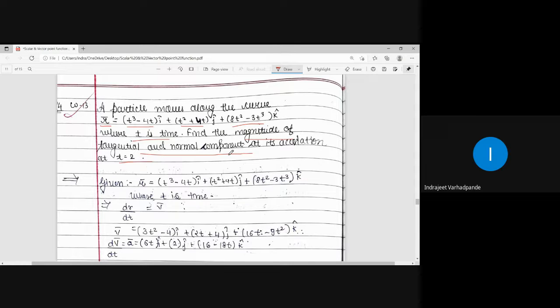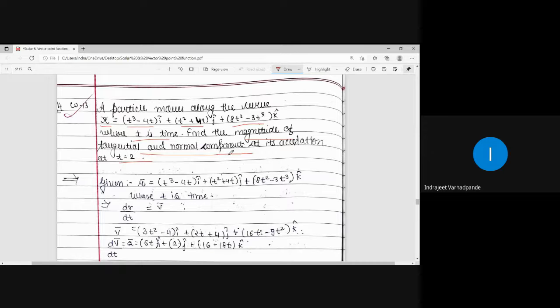The note we have discussed before solving the examples contains the formula for the tangential and the normal components, and at point t is equal to 2, acceleration is to be calculated, which is a bar, which is nothing but dv by dt. dv by dt means derivative of the velocity. Velocity will be nothing but dr bar by dt.